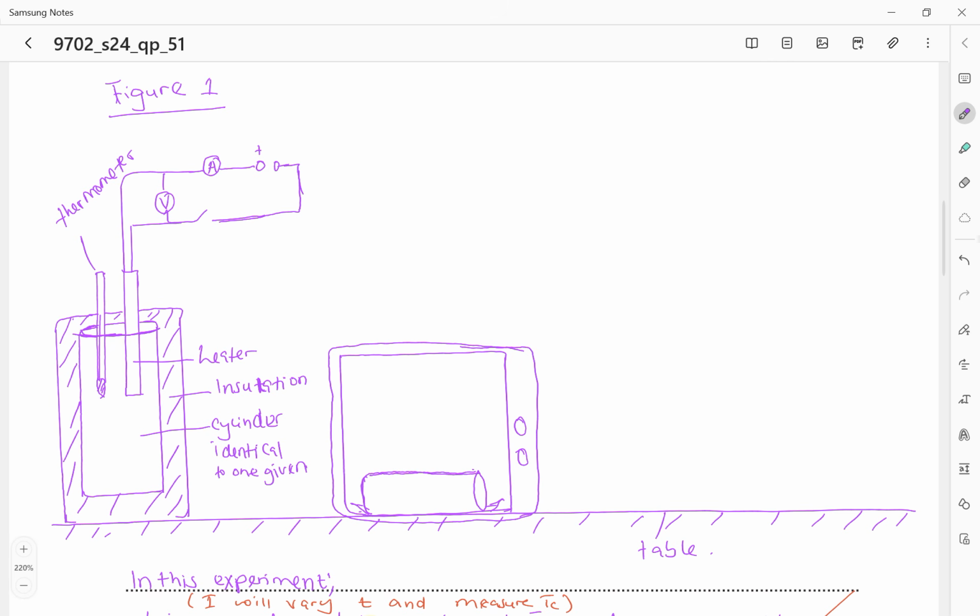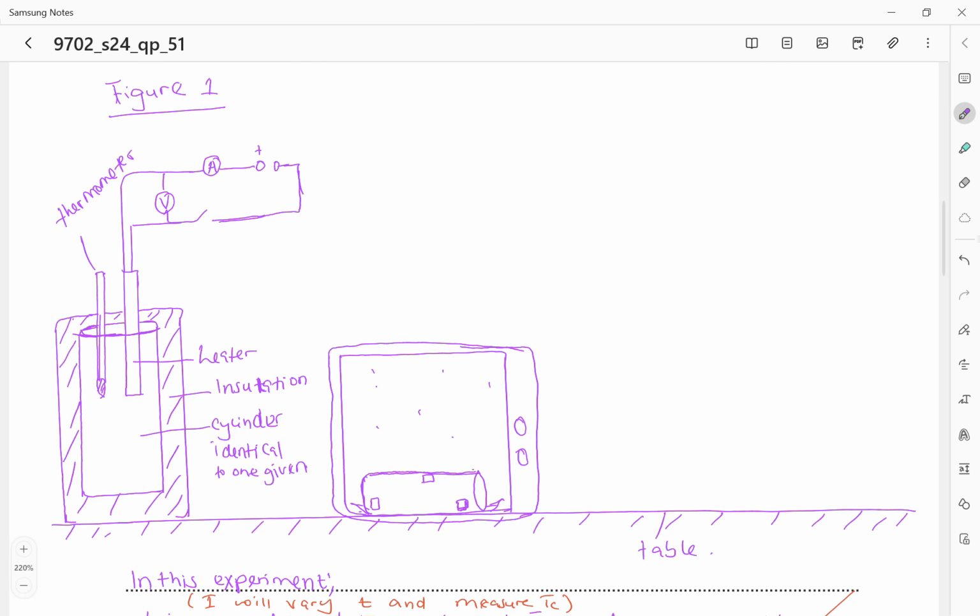Now around the cylinder, I'm going to put heat sensors, of course, because I need to ensure that the temperature at different points around the cylinder is uniform. So let this be a heat sensor there. I'll also put a heat sensor there and a heat sensor there. These ones are temperature sensors, so they are going to indicate the temperature at different parts of the cylinder.